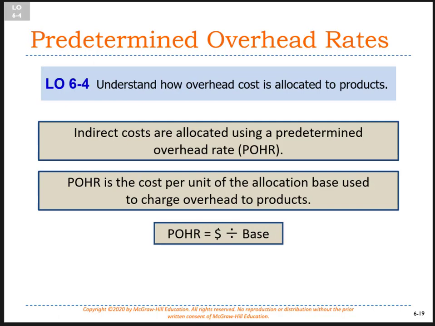So we introduce the concept of a predetermined overhead rate. Notice the term predetermined. That means we've determined it before the accounting period started, before we got into making our products. So we look at the estimate ahead of time, and we take the estimated overhead cost and divide it by the estimated base. That gives us our predetermined overhead rate.